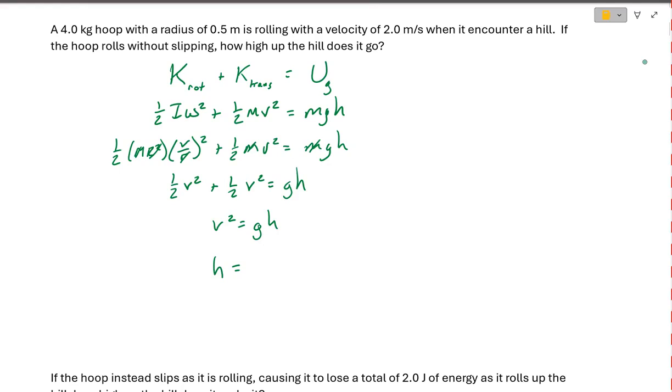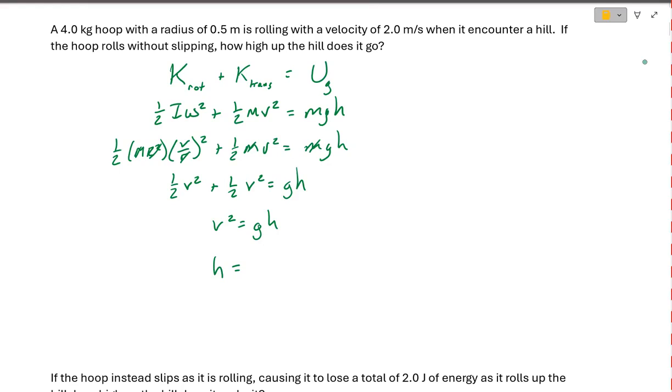Oh, yeah. Because it's like r squared divided by r squared. What is G? Yeah, I think it's like 9.8. So that's squared with the r here. So it's like r squared divided by r squared.